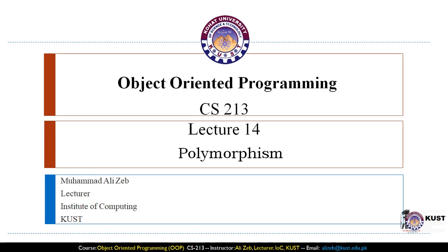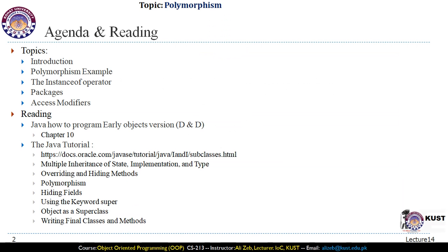In this lecture we will continue our discussion of polymorphism, and we will continue with the example that we were discussing the previous time in our lecture 13, and we will further look at some more concepts that are relevant to polymorphism.